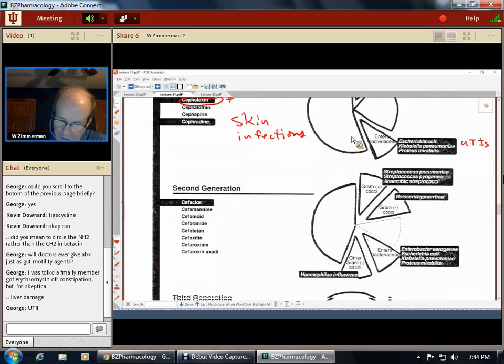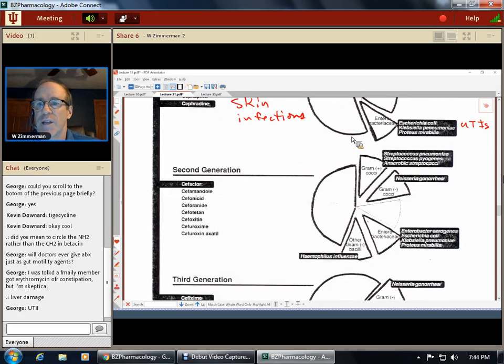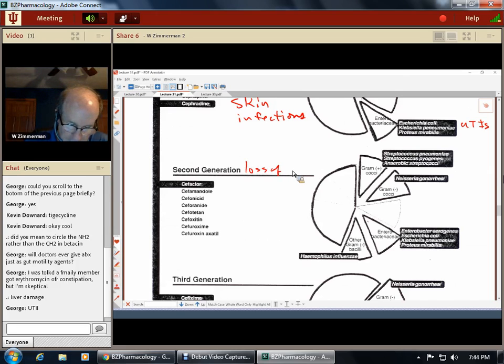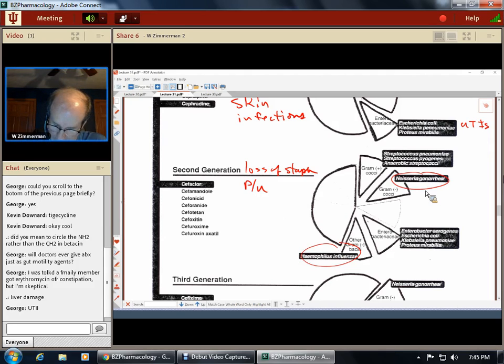The second generation, look what we've lost. We've lost the staph. We still get the strep. We still get the anaerobic strep. So, we've lost some staph, or lost some gram-positives. But we've picked up the Haemophilus, the Neisseria, and the Enterobacter.